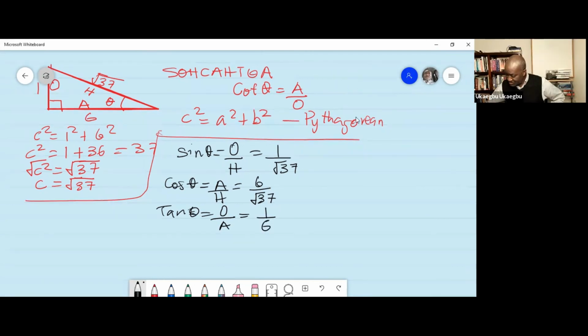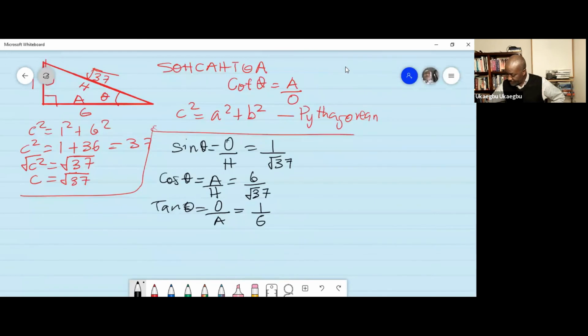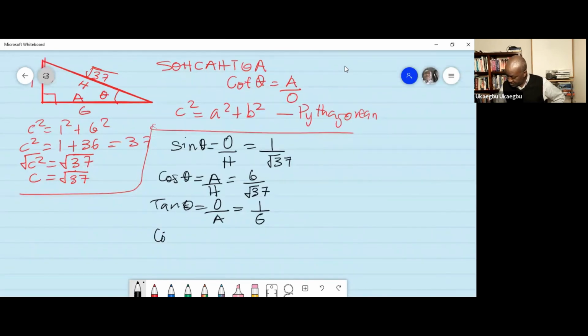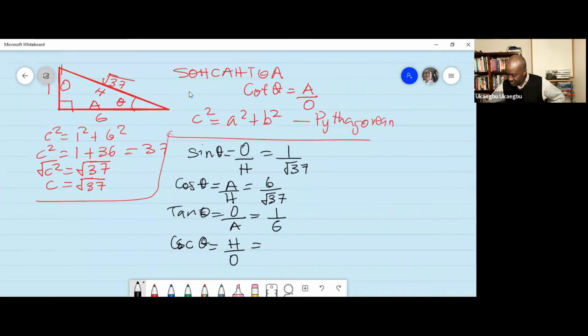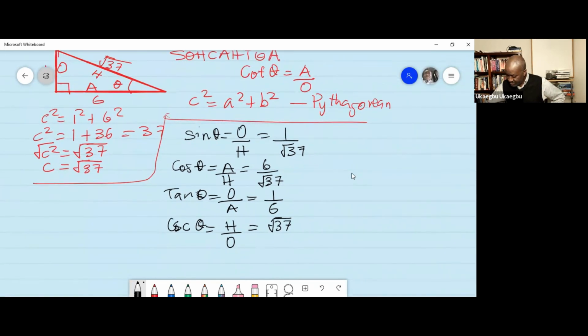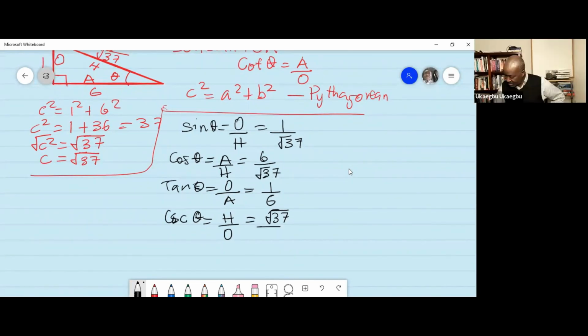It also said we should get cosec theta. Cosec theta would be hypotenuse over opposite. From here, hypotenuse is square root of 37 divided by the opposite, which is 1.